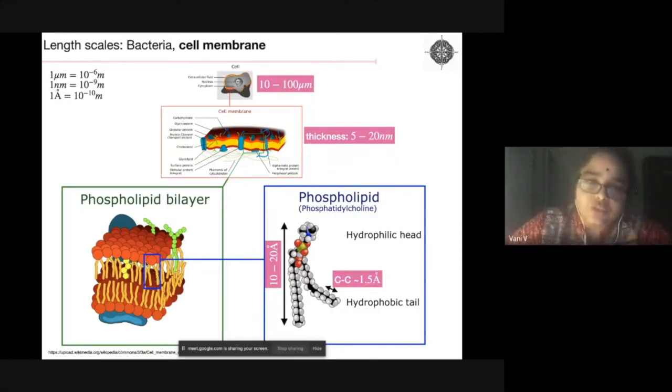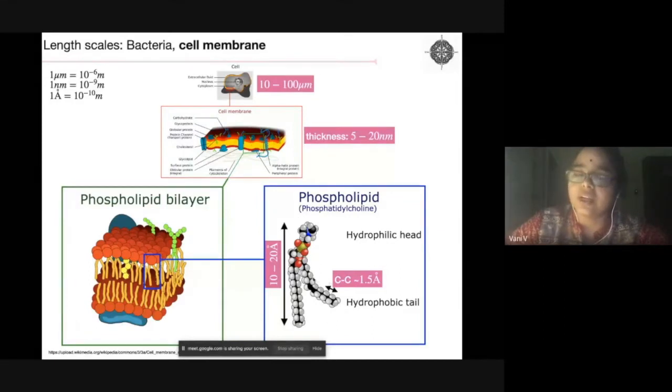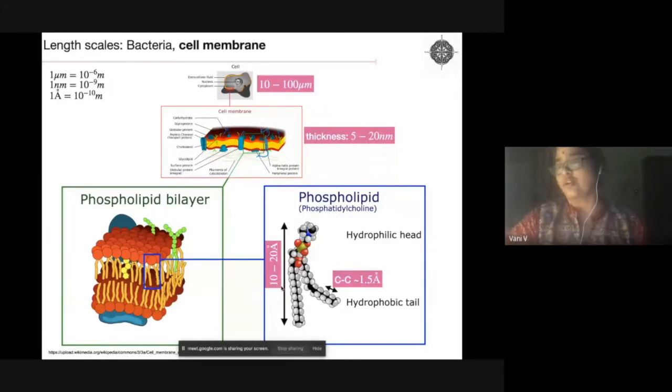And if I further zoom into one of those things and look in detail at how that molecule looks, this is how it looks, and the length scales we are talking about are 10 to 20 angstroms. And from your high school, you may remember that a typical carbon-carbon bond length is about 1.5 angstrom. So these are the length scales that we are talking about, where most of the things that I'm interested in happen, right?